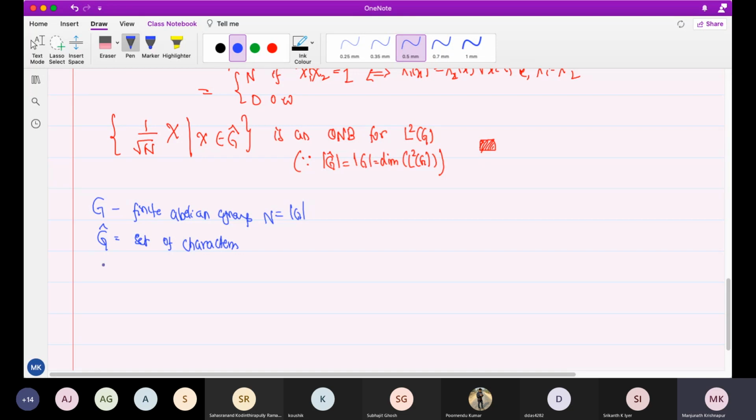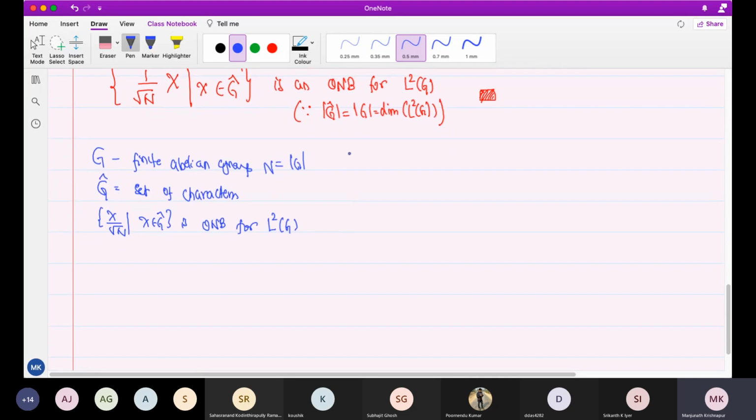And what we saw is that chi over root n, chi in G hat, is an orthonormal basis for L2 of G. So you can definitely expand any function in this orthonormal basis. So f is a function from G into complex numbers. L2 of G for me will always be complex valued functions, by the way.